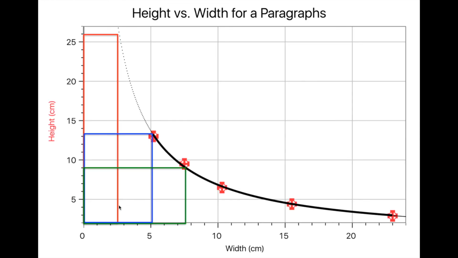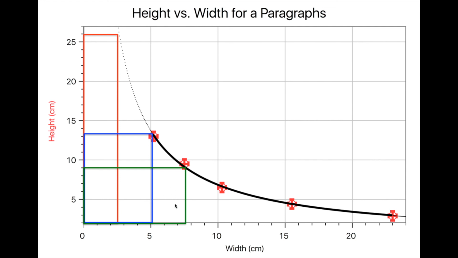This is an interesting graph here, interesting picture. If you look at this blue data point here, when this paragraph had a width of about 5, it had a height right here. And interestingly, if we outline that, going from the origin to the point on the curve, we can see that that actually represents the area of the paragraph, because the area of this rectangle would be width times height.